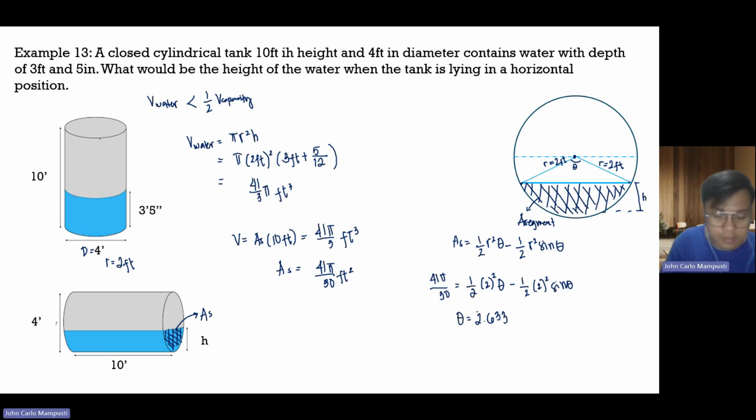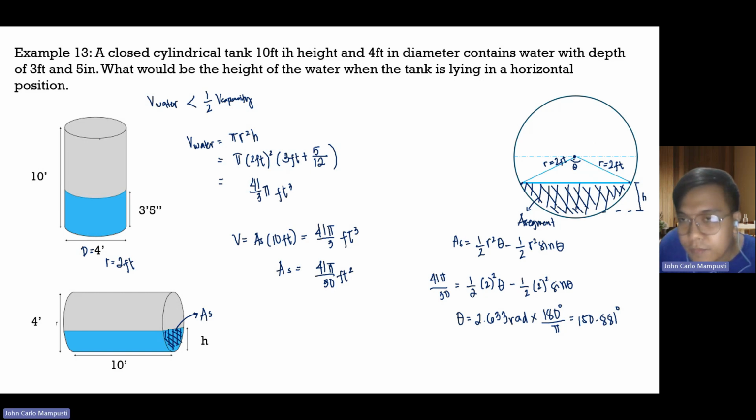But what is that? Is it in degrees? No. It's not in degrees. It's in radians. Okay, I already discussed how to convert radians to degrees. If radians, multiply by 180 degrees over pi. Times 180 divided by pi. This is equal to 150.881 degrees.